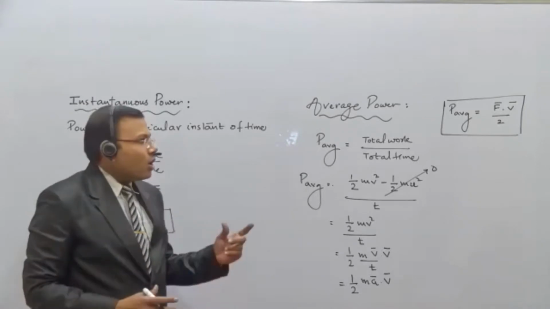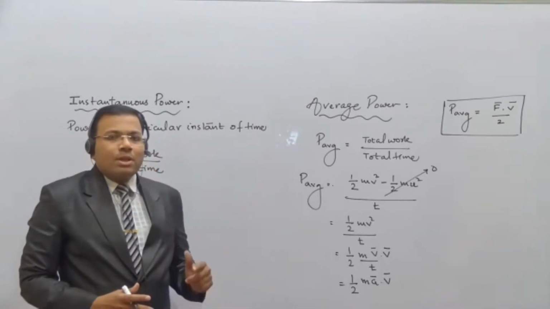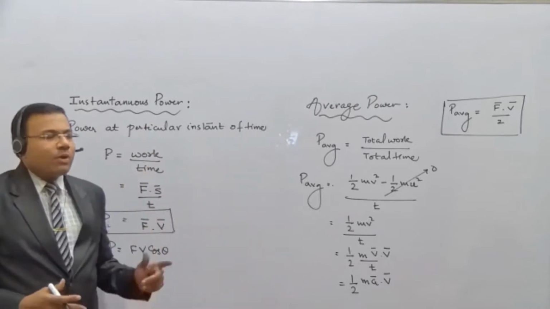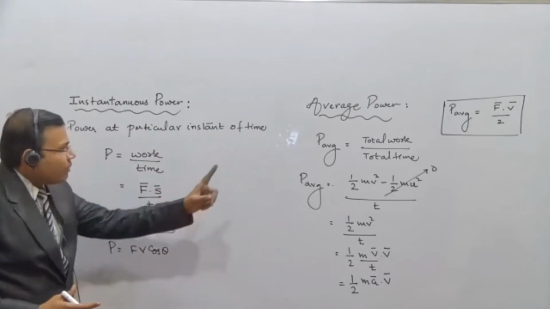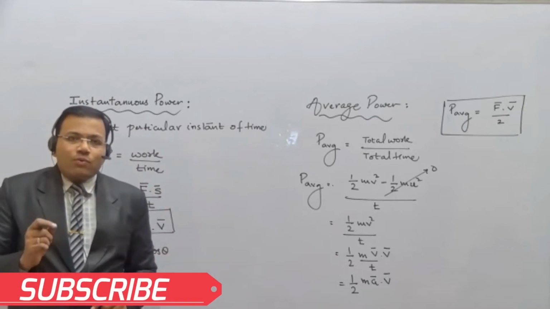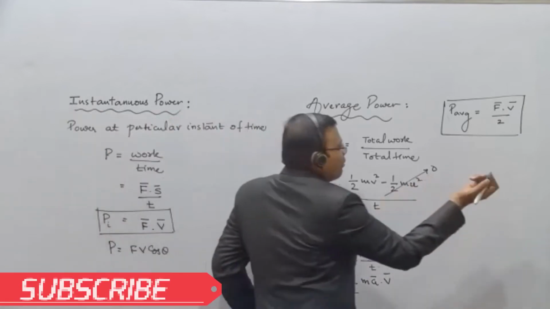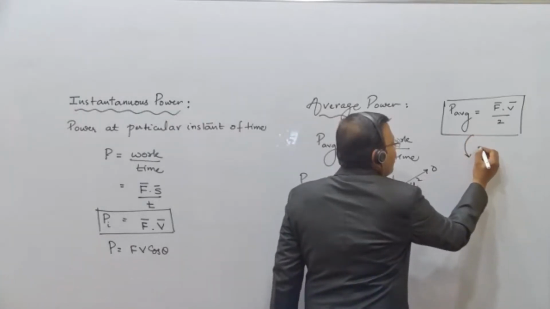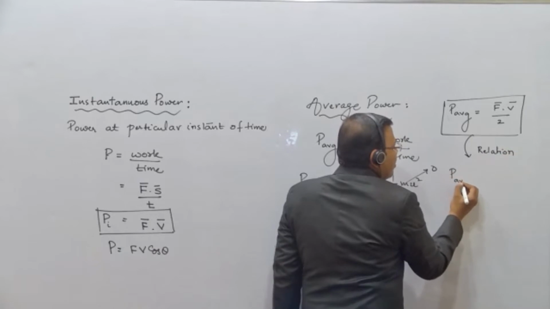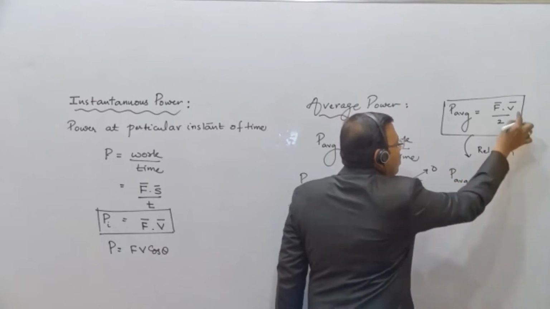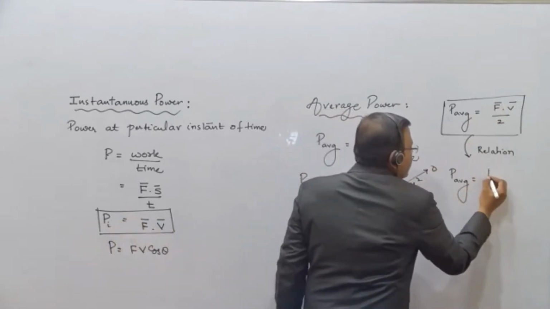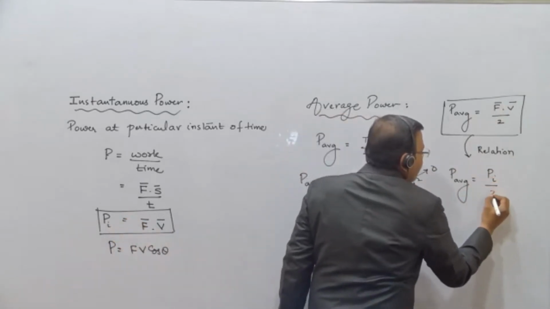Now let us see the relationship that exists between the instantaneous power and the average power. You can see clearly, one is just F dot V, and the other is F dot V by 2. So relation means I can obtain one relation: P average is equal to F dot V, this F dot V is PI, the instantaneous power, by 2.